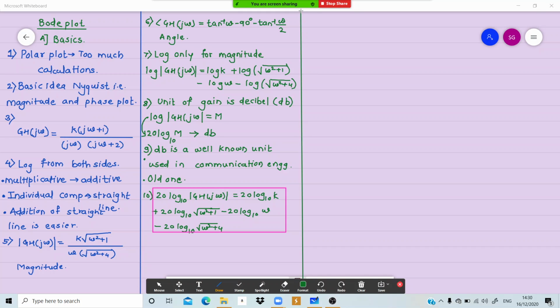Why semi-log paper and all those things I am trying to tell you. Okay. So point A was the basics, point B will be the Bode plot, and again this is the basics of the Bode plot. One thing is clear, we are going to have two plots. One is for the magnitude, another one will be for the angle. So now onwards we are not just drawing one single plot, we are drawing two plots.